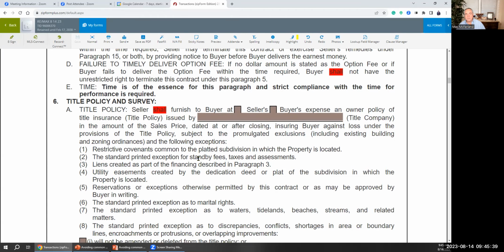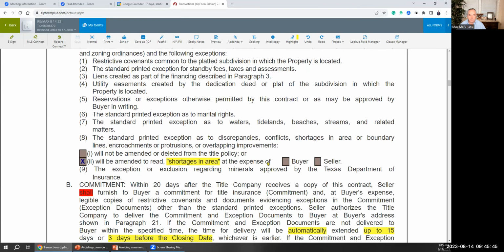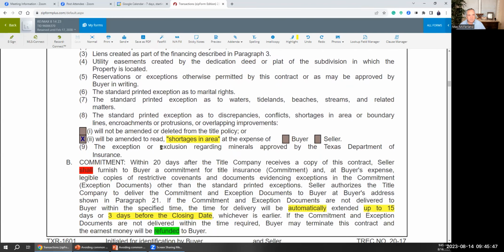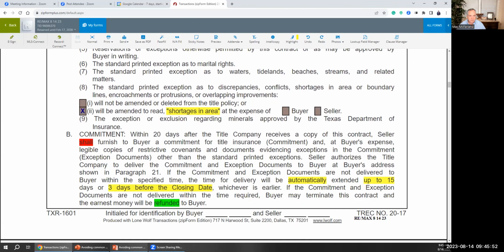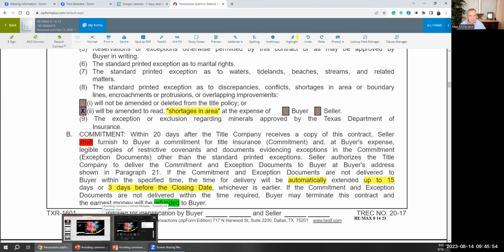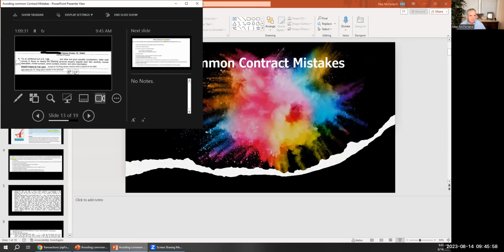The title policy, when we talk about the shall again, this is negotiable, we can do that either way. Either one of them can pay for it. Here's what I want to touch base on, that's the shortages in the area. We have this conversation about the shortages in the area from time to time.